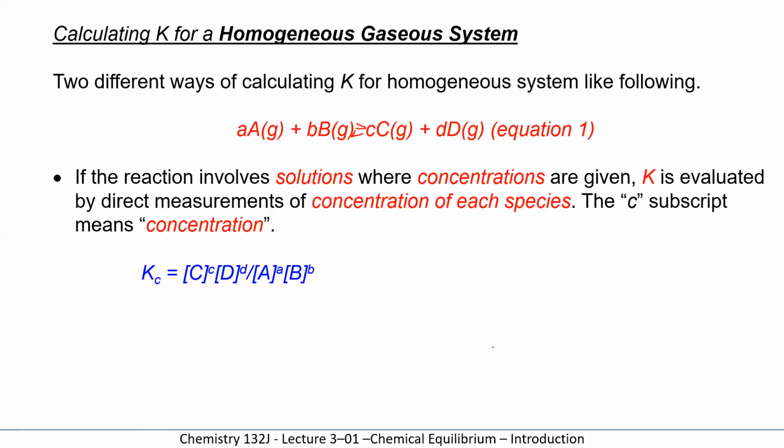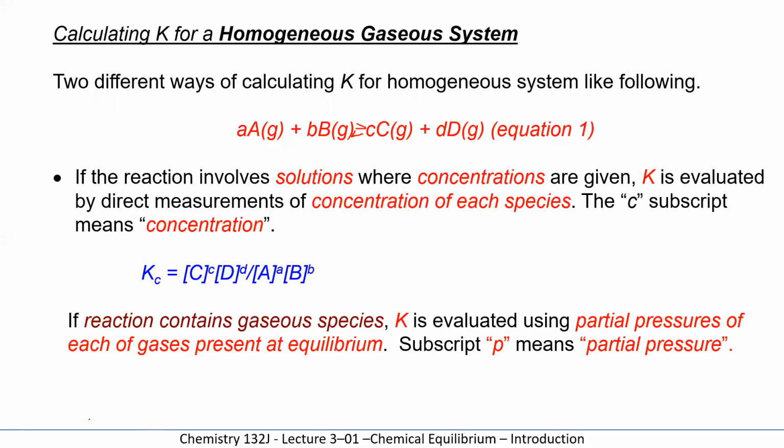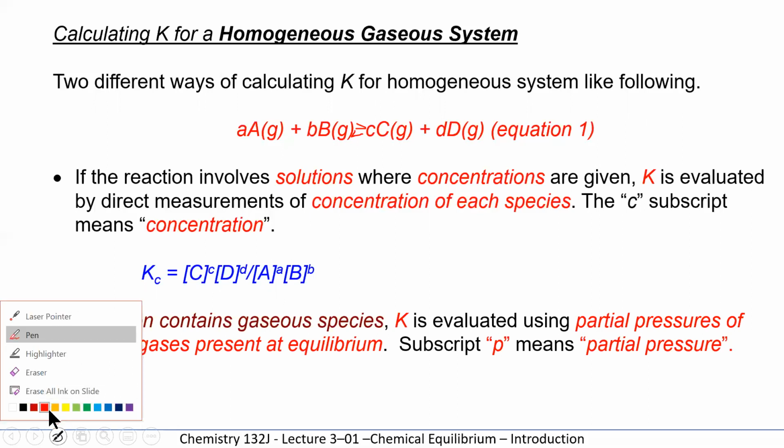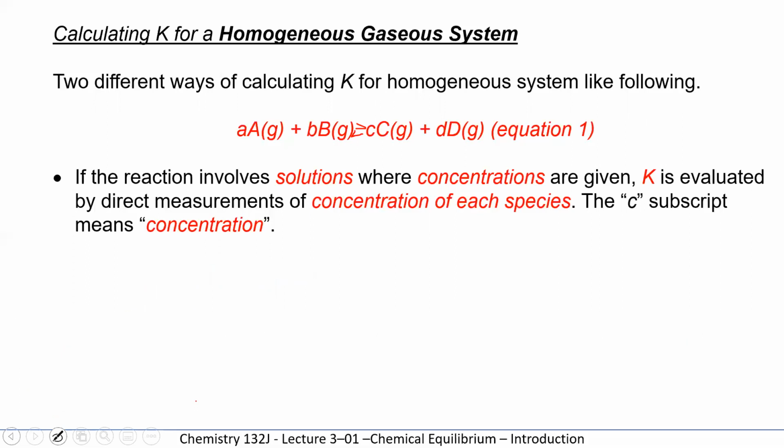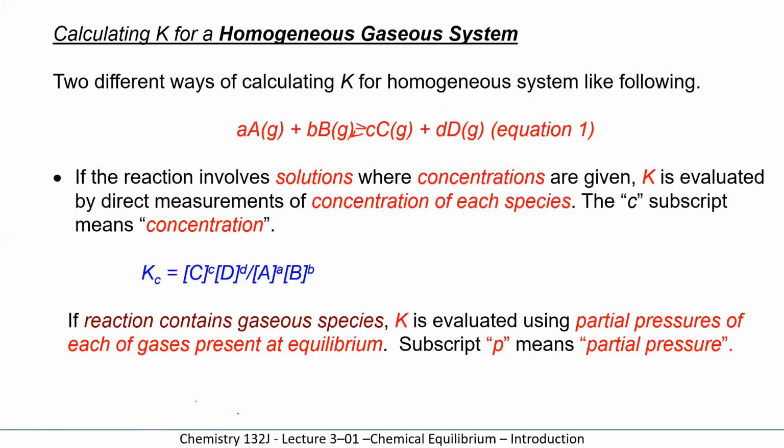And we know from the previous example that Kc is equal to the concentration of C to the power c multiplied by D to the power d, divided by the concentration of A to the power a times the concentration of B to the power b.